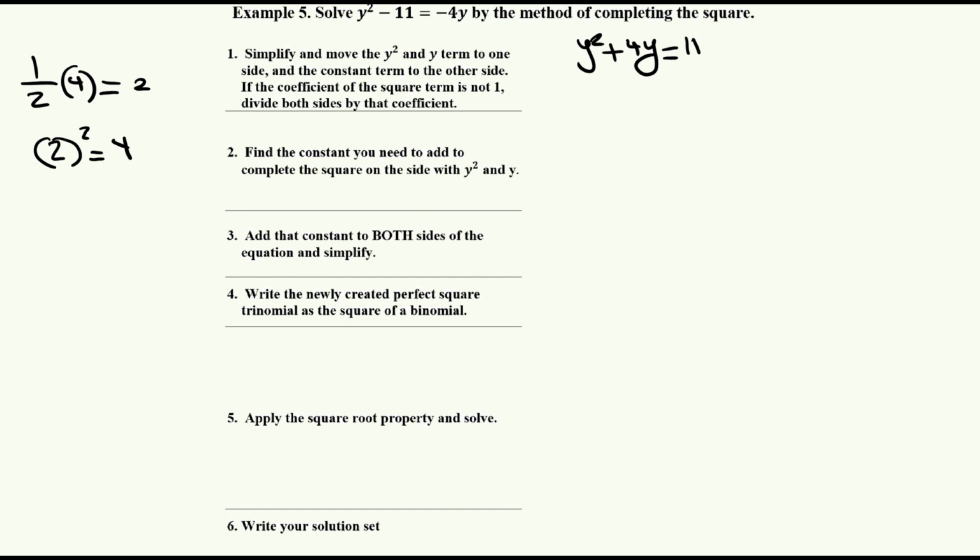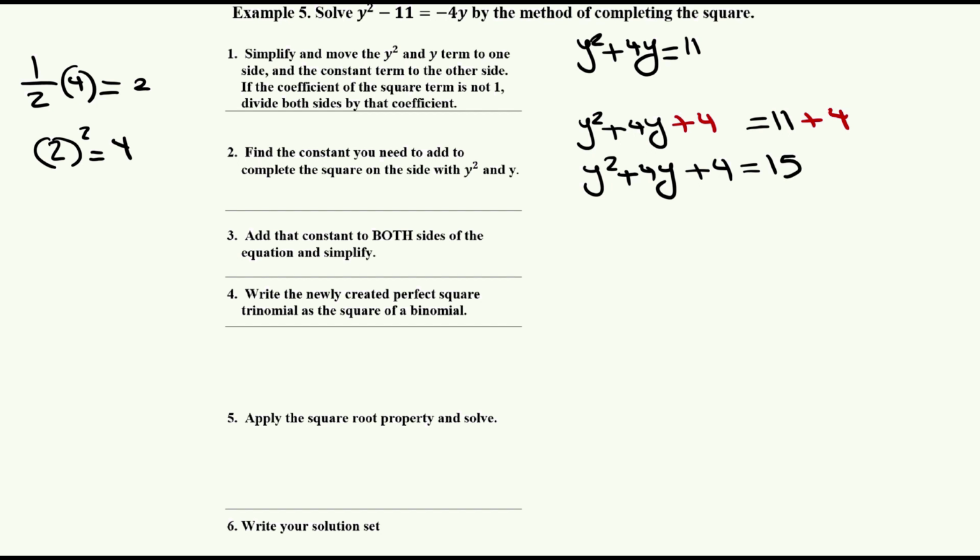So now we're going to go ahead and add 4 to both sides of this equation. Anything we do to one side, we have to do to the other side as well. So now when we simplify that, we get y squared plus 4y plus 4 equals 15.